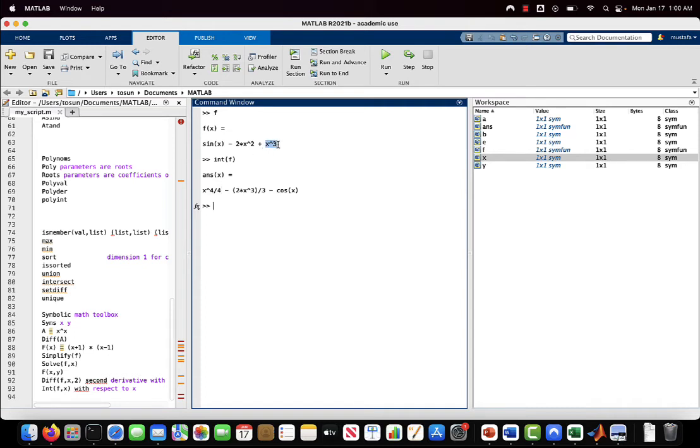And the integration of x cubed is x to the fourth divided by 4.